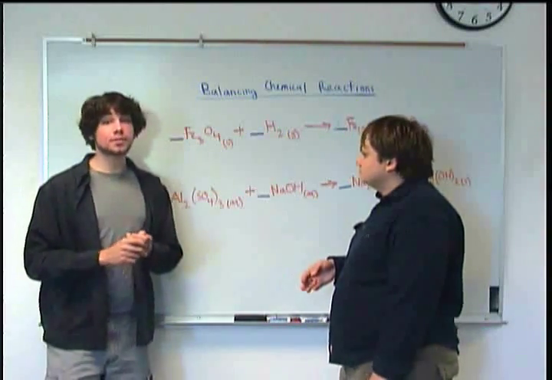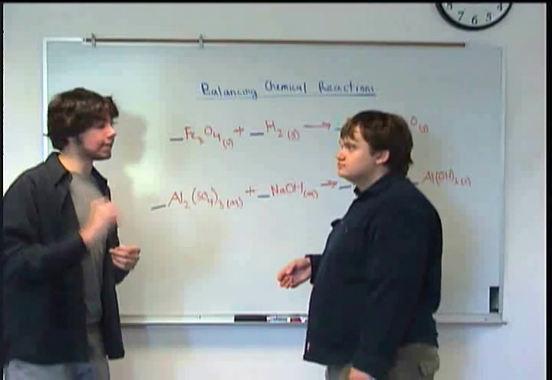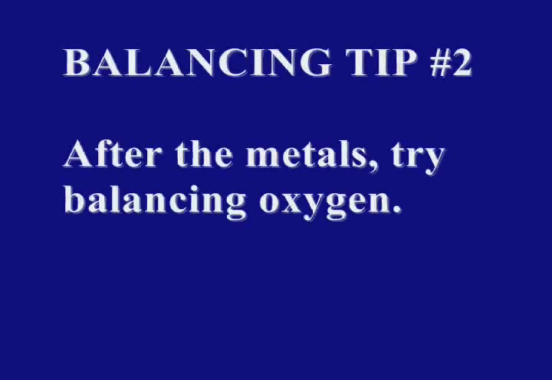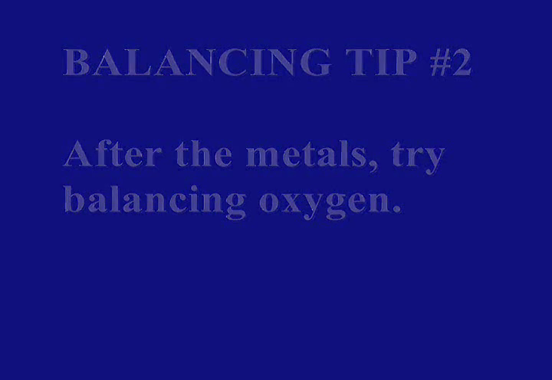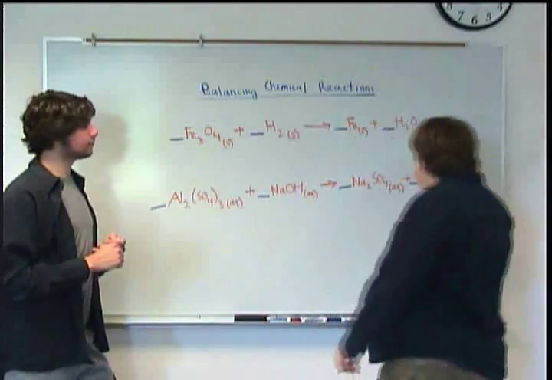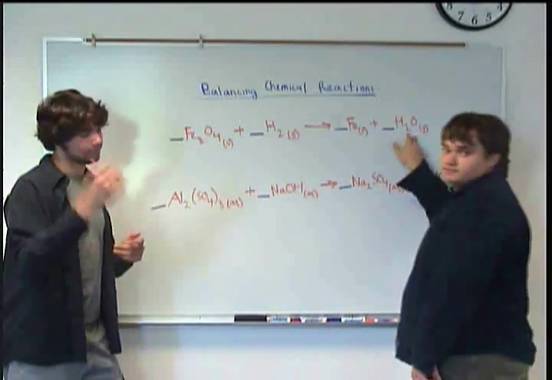Now, what should I go to next? Well, after you balance your metals, oxygen is probably the next thing you're going to want to look at. So, there's 4 oxygens here, then 1 oxygen here.